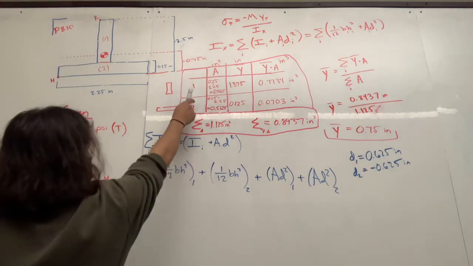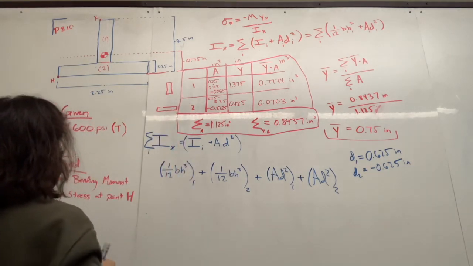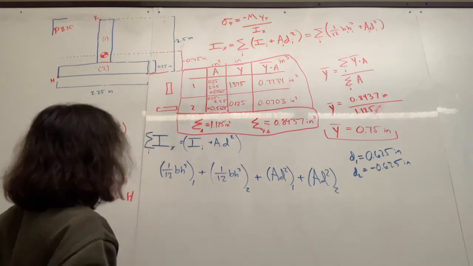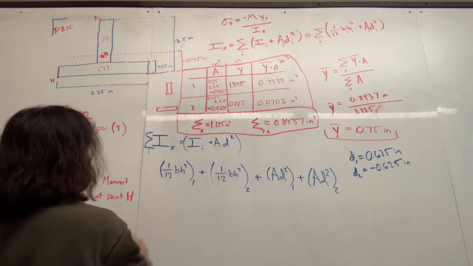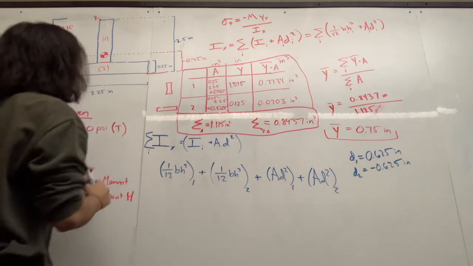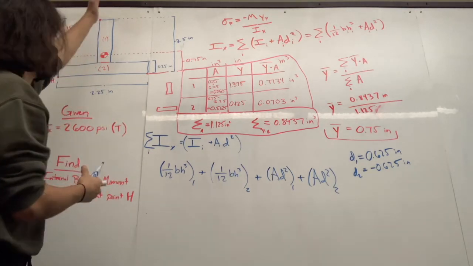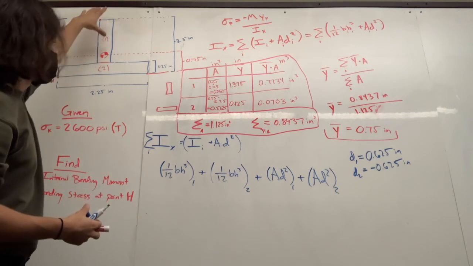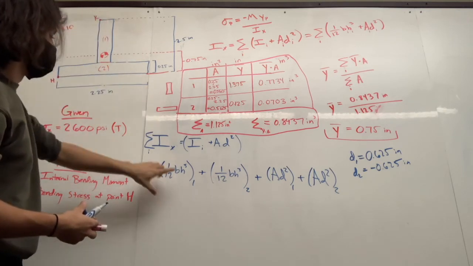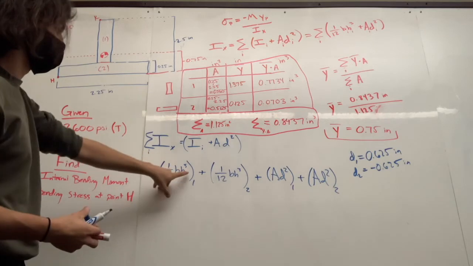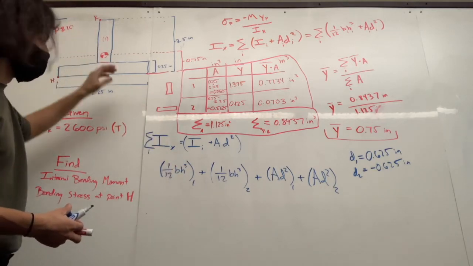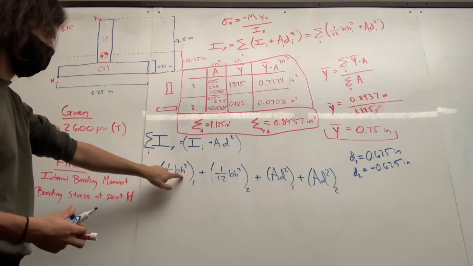So for rectangle 1, we know that the thickness is 0.25. Rectangle 1 sits on this axis, so the longer side is going to be the height in this case. Because it's cubed and there's more material away from the centroid, that's the number that goes into the cube function.